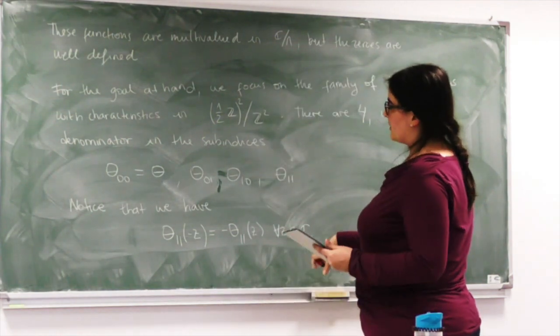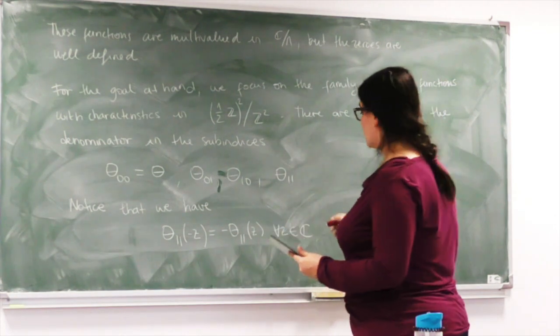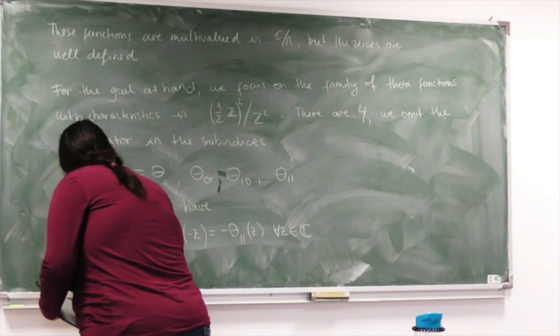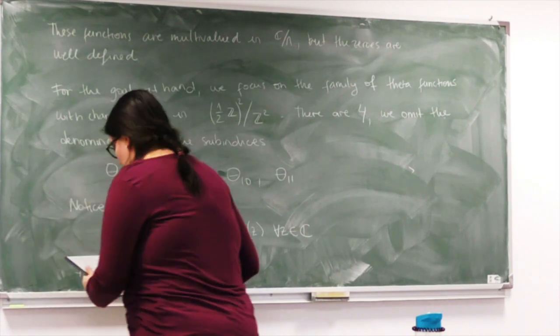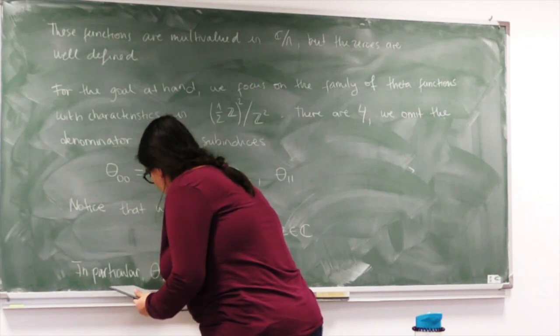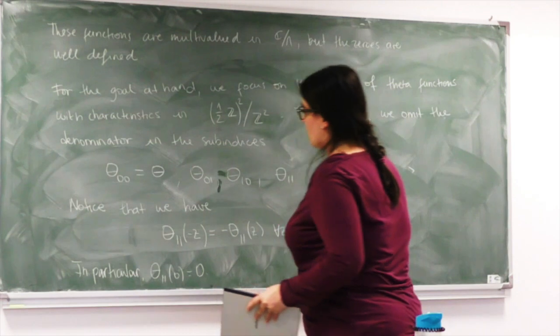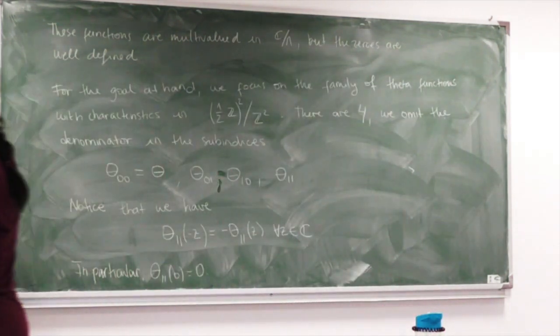And the case where this becomes very relevant is when we take z equal to 0, because it just tells you that in particular theta 1, 1 at 0 is equal to 0. And this will be key for the next result that we will see.